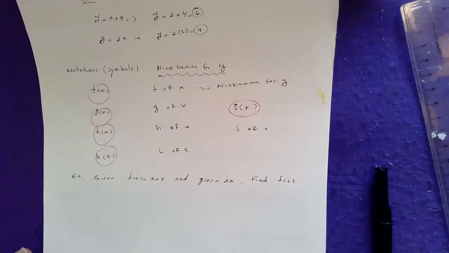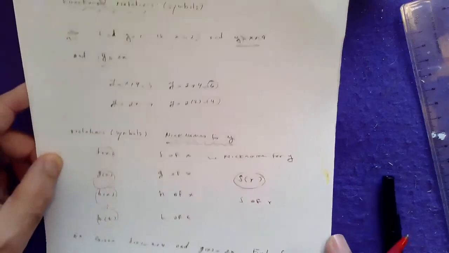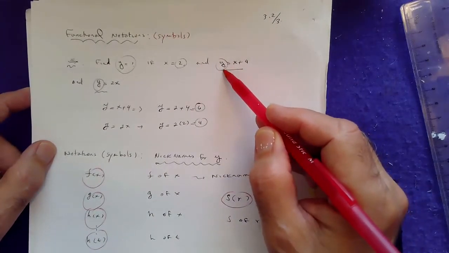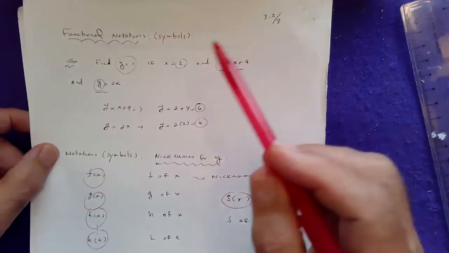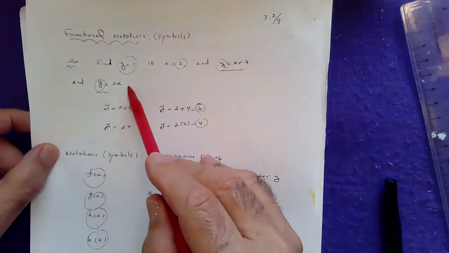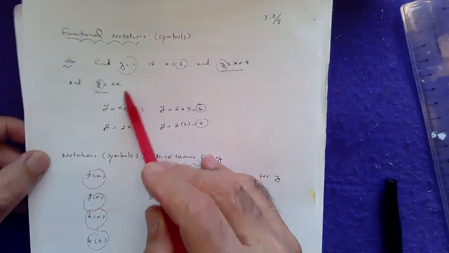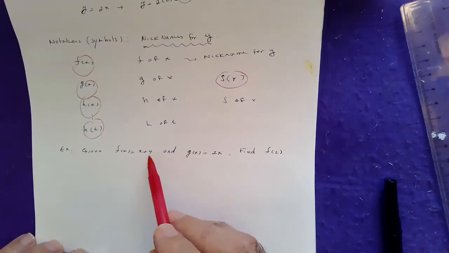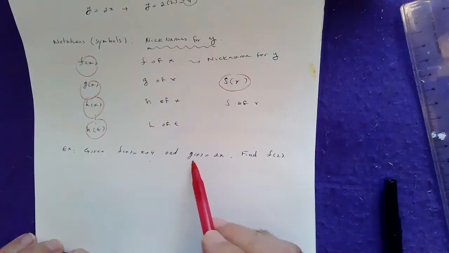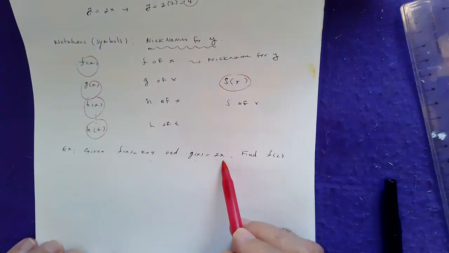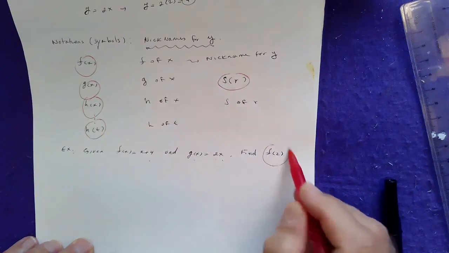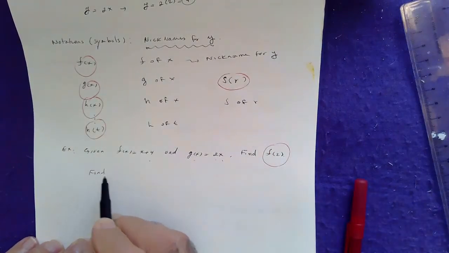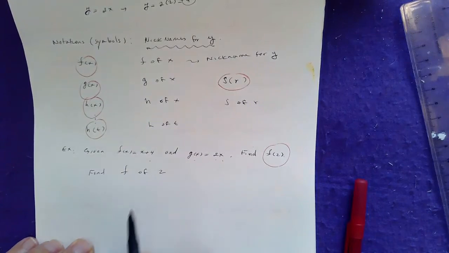So going back to the previous problem, if I call this f of x, which is just a nickname for y, and call this one g of x, which is also just a nickname for y, now I can say, look, given f of x is equal to x plus 4 and g of x is equal to 2x, could you find f of 2? So the idea is to find f of 2.